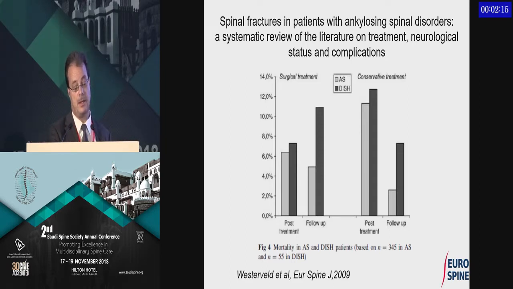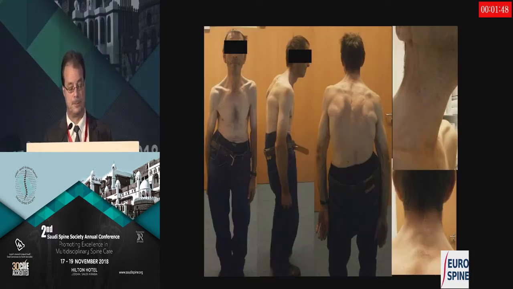The light gray column here on the left side is the surgical treatment, and the light gray is the ankylosing spondylitis. So this is what we are looking at. If you look at mortality post-treatment in the surgical treatment and the conservative treatment side, it becomes clear that mortality and morbidity in the conservative group is almost double that of the surgical group.